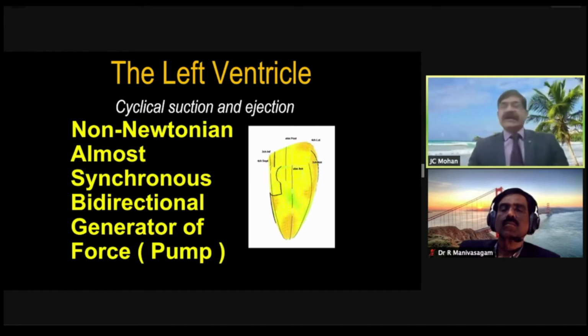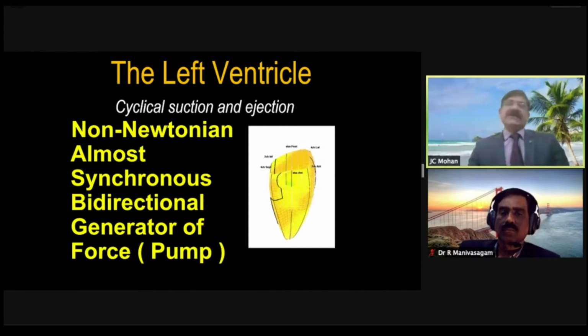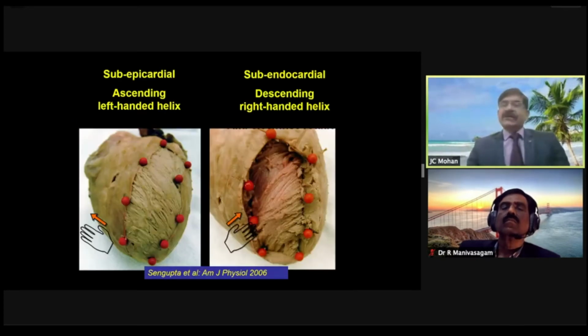So it is a bidirectional pump. It sucks and ejects. And it has a peculiar geometry. The fiber arrangement is in the shape of a figure of 8. There are subendocardial descending right-handed helix fibers, and there are ascending left-handed fibers in the subepicardial region.